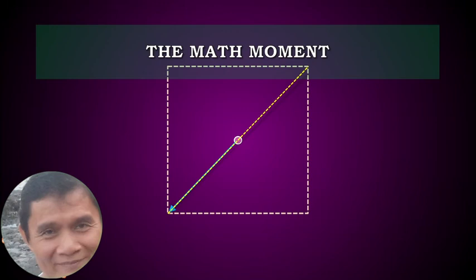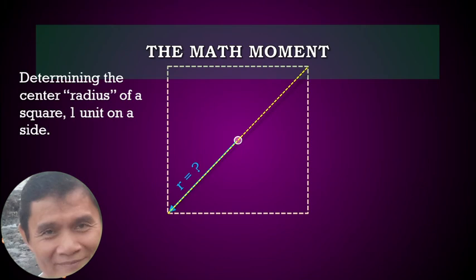Okay, this arrow then, you want to find that out. There are two ways to do that. Determining the center radius of a square of a unit, 1 unit on one side. This is side A, side B, and side C, which is a typical right triangle.